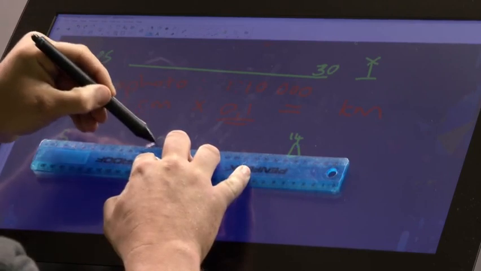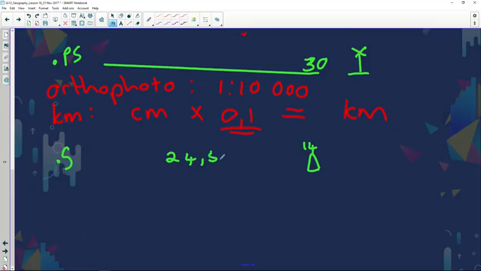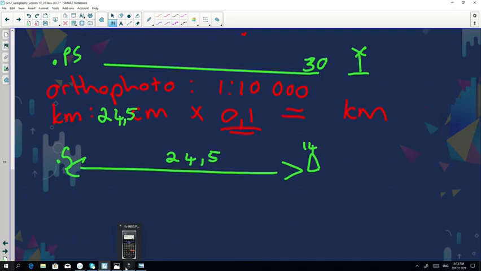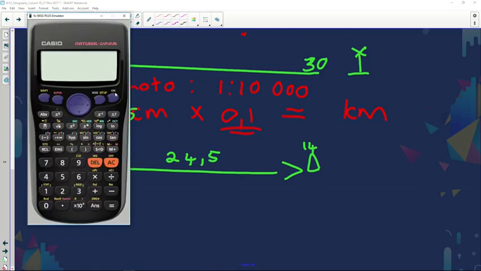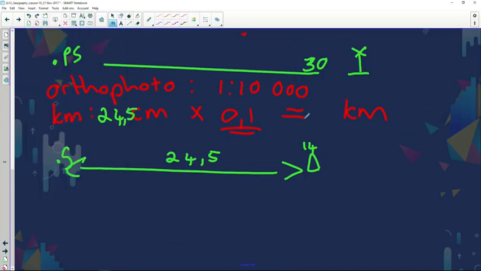As you can see, it's 24.5 centimeters from the school to Trig beacon 14. So it's 24.5 times 0.1. Let's do the calculation. It's 24.5 times 0.1, and our answer is going to be 2.45 kilometers.